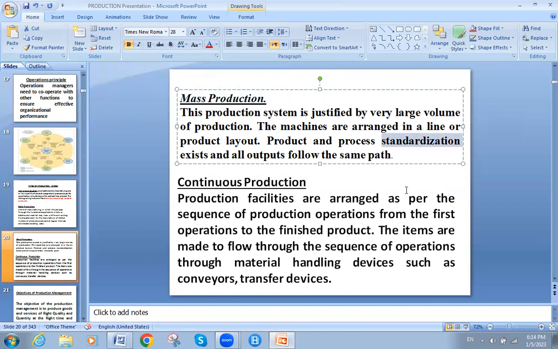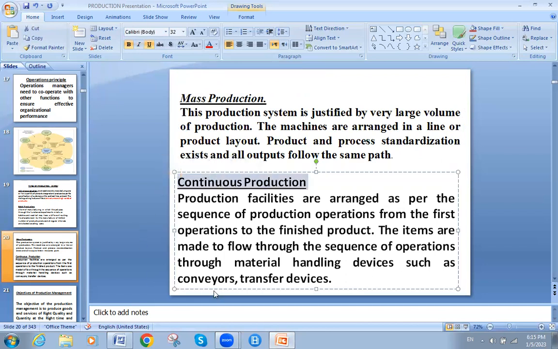Standardized means the same. Also, the system needs a storing, warehousing and logistic system, because you produce not for a specific client like in the shop job, but for the whole market. So you have to have a storing system like warehousing, stores, and so on.